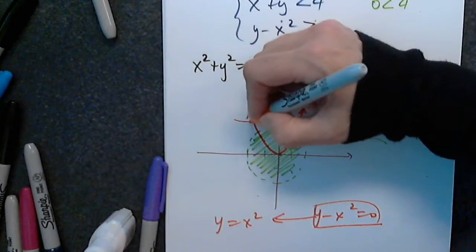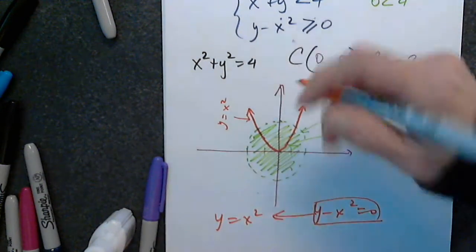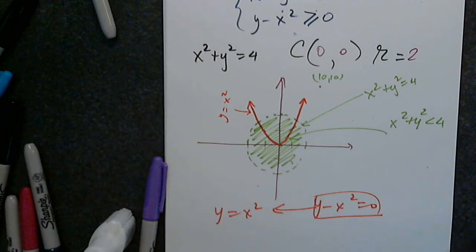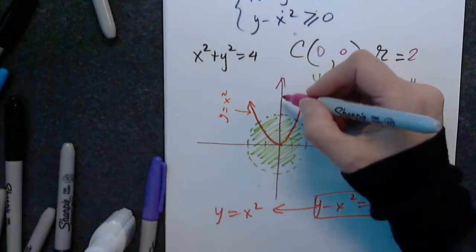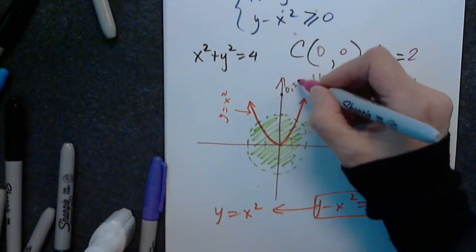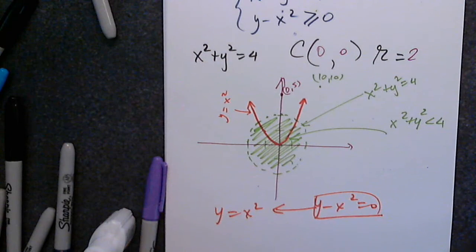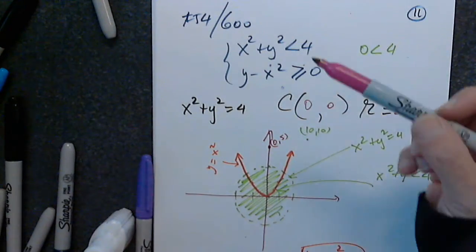This is just the equation, y equals x squared or y minus x squared equals 0. Since this curve passes through the origin, I cannot use the origin to check. I have to determine another point. That's not a big deal at all. I'm going to use the point 0, 5, anything that has 0 in it, because it's so much easier. So x equals 0, y equals 5.